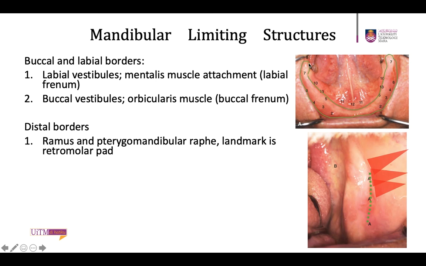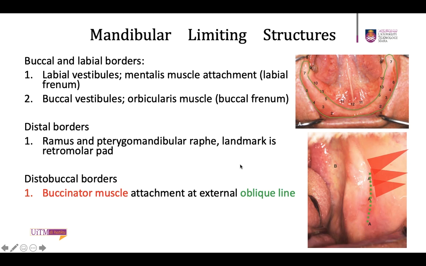In some patients, it is very easy to identify the retromolar pad, that structure distally that is rounded and spongy. For the distal buccal borders is where you have the attachment of your buccinator muscle. This is your buccinator muscle from the cheek. And this is the external oblique line, which should be where your denture flange terminates.